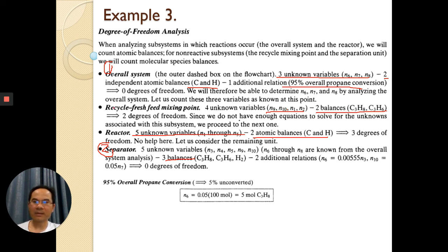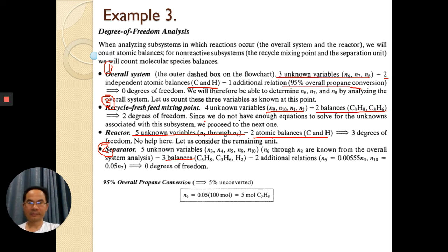You can solve with the third step like this, or you can solve the third step by the reactor. It's up to you. If you balance on the phase feed mixer, you get N1, N2. If you balance on the reactor, also N1, N2. So for this case, we have 3 steps. The first step, overall balance. The second step, separator balance, and the last step, recycle phase feed mixing point or reactor.